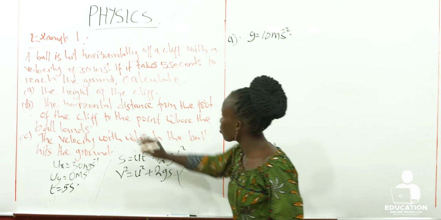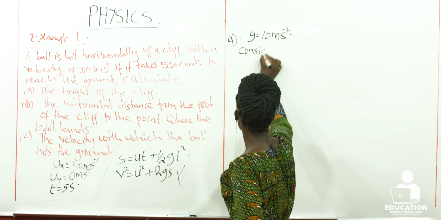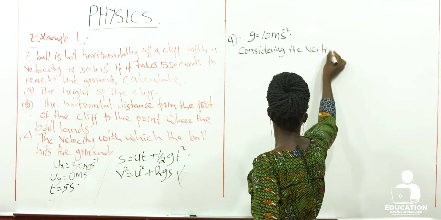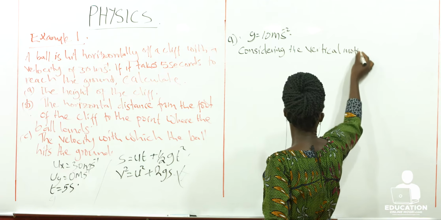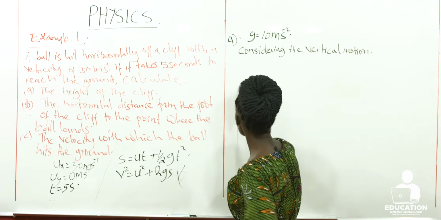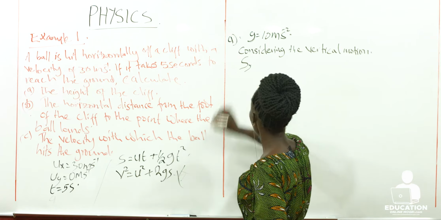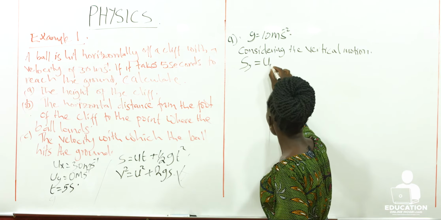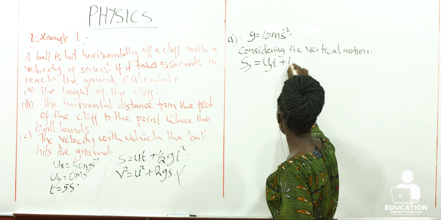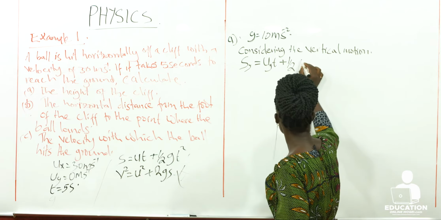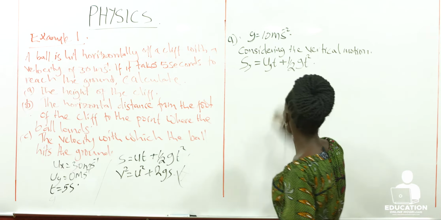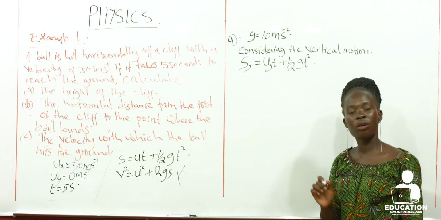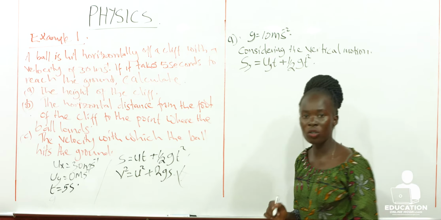So now if we are considering the vertical motion, we're going to use this, which is going to give us Sy equals uyt plus a half gt squared. What is our Sy? It is the height of the cliff we want to find. It's the unknown in our equation.